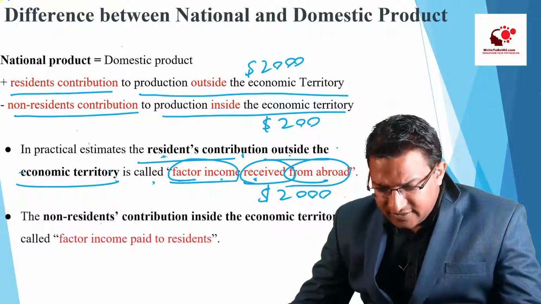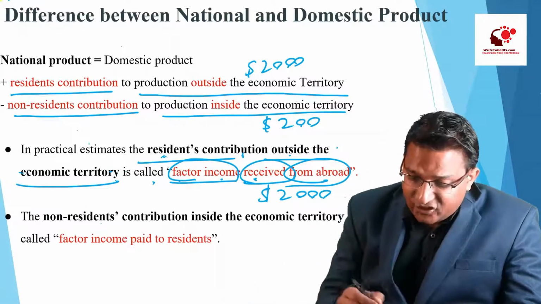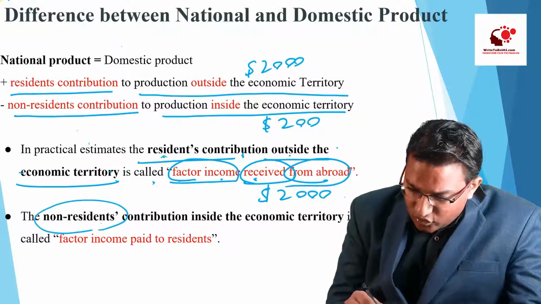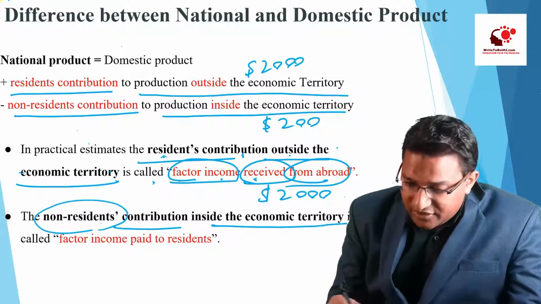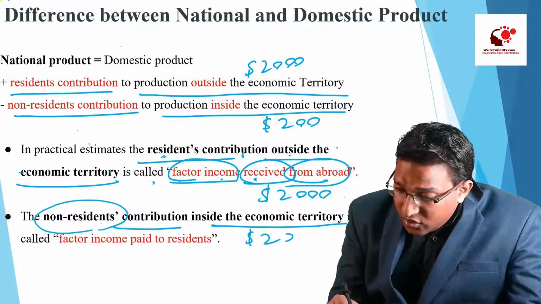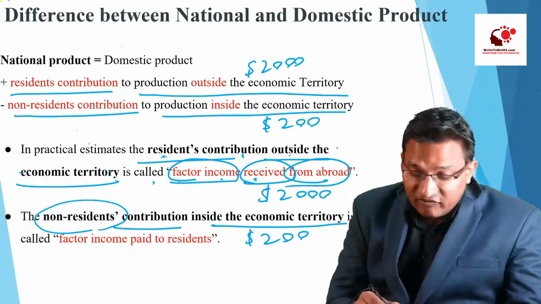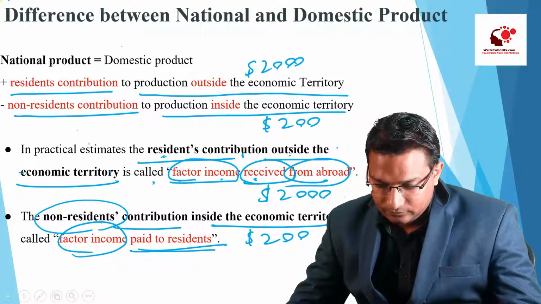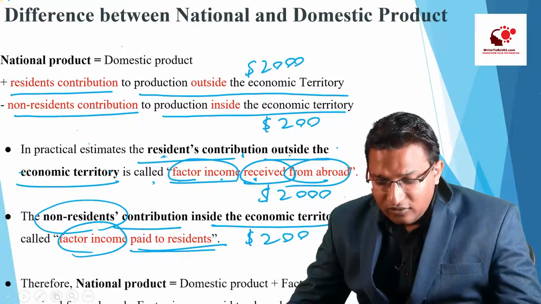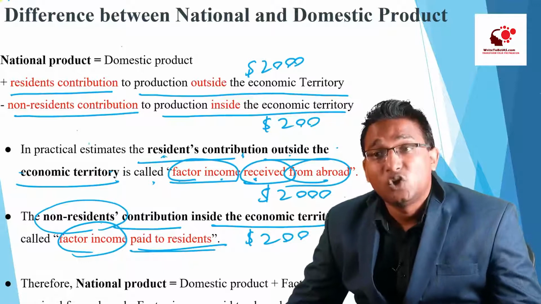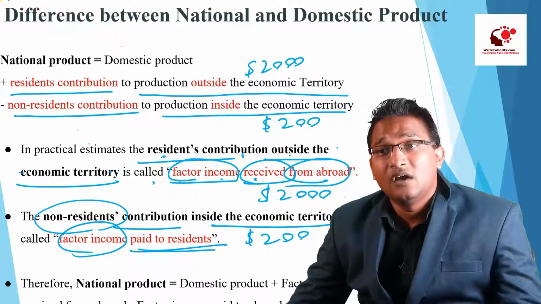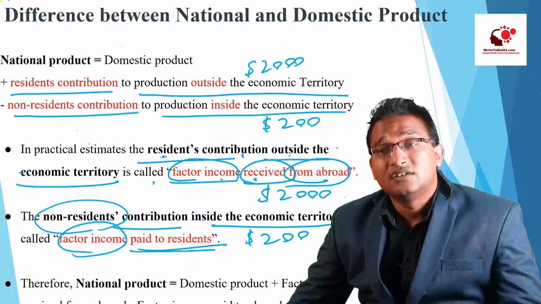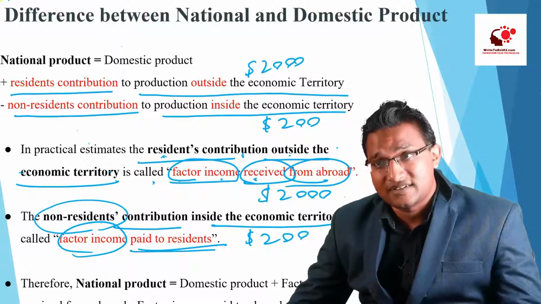So the non-residents' contribution inside the economic territory, that is $200 of Mr. Robert, that is factor income paid to residents. Therefore, national product is equal to the domestic product plus factor income received from abroad minus the factor income paid to the residents.